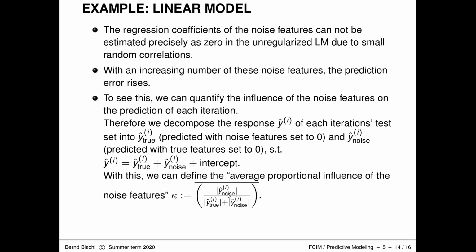You can see this by this simple comparison where I have computed the quotient of y hat noise divided by y hat true plus y hat noise, always taking the absolute values.